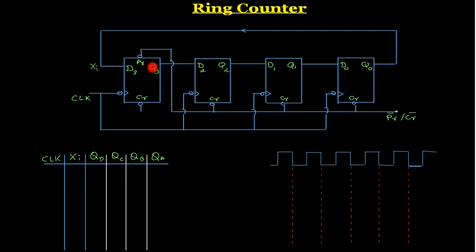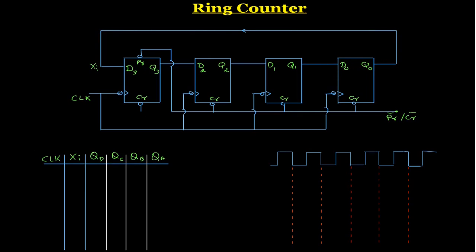The output of the first flip-flop is connected to the input of the second flip-flop, and so on, and the output of the final flip-flop is connected back to the input of the first flip-flop.